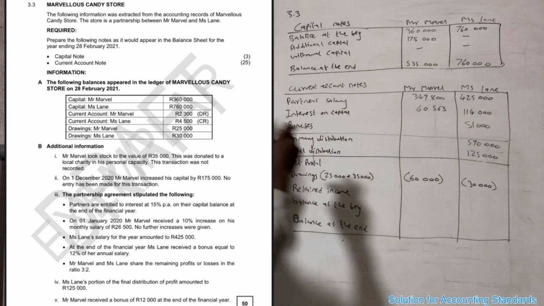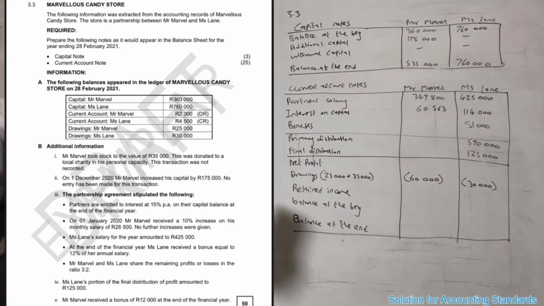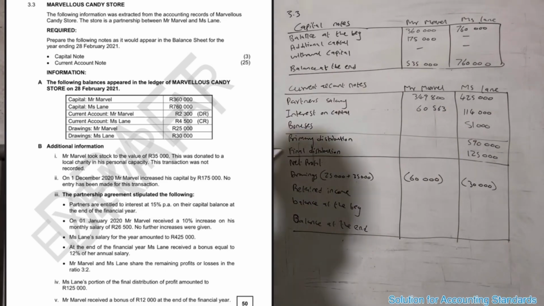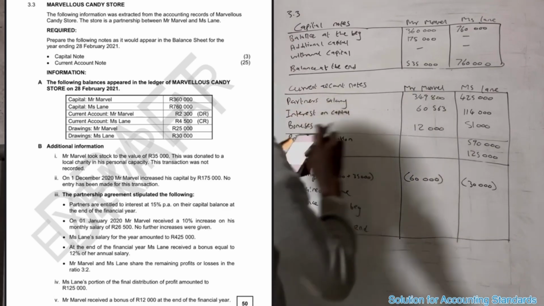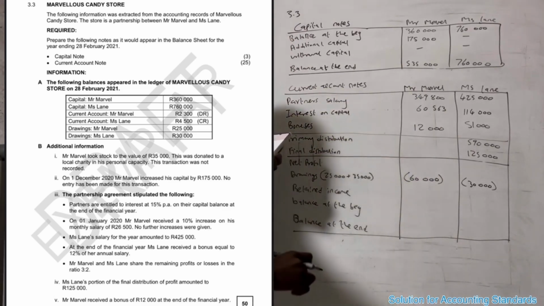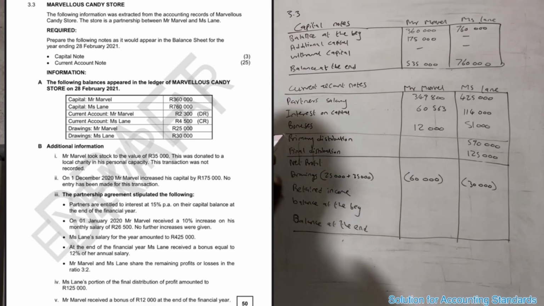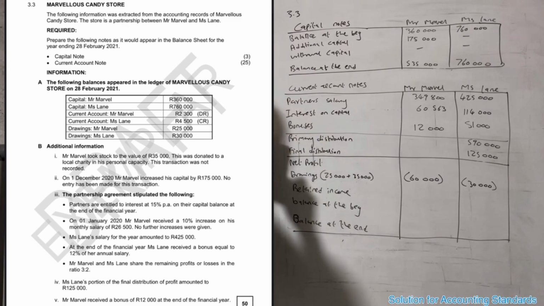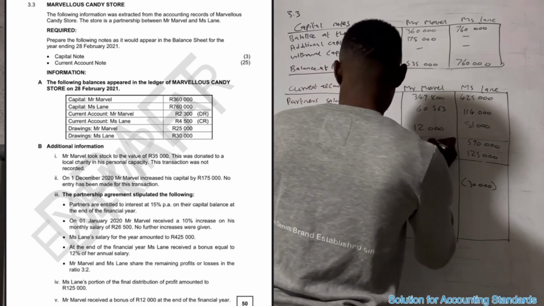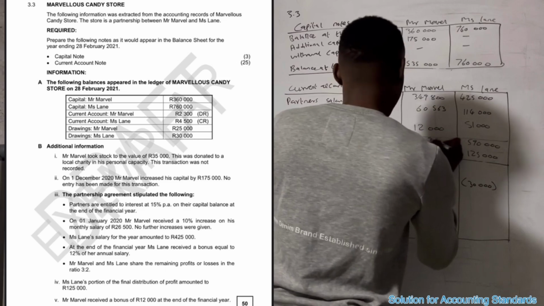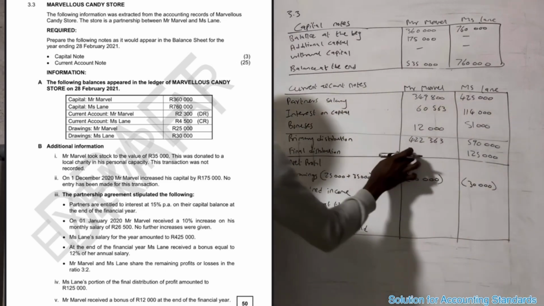590,000, I think. But there is a bonus for Marvel. The last one, Marvel received a bonus of 12,000 at the end of the financial year. You have to add these three, and it's going to give you an amount of 422,363. Now we are looking for this one.